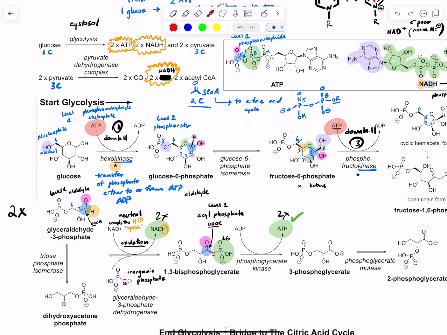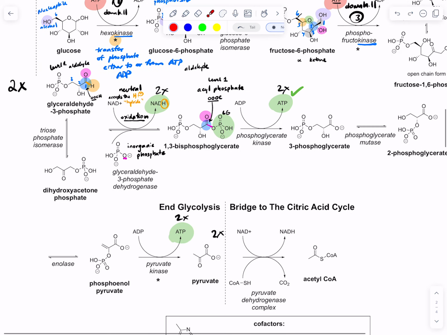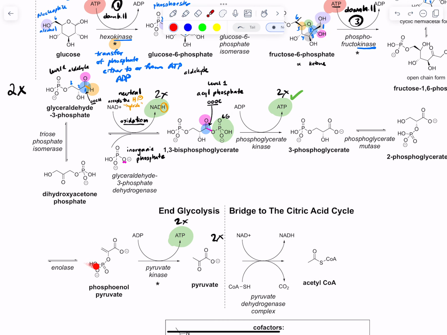And then it's repaid right here, because we have 2 molecules of glyceraldehyde 3-phosphate that go through this reaction twice to give us those ATPs back. And then you'll see if you follow along, at the very last step, we're going to get 2 more molecules of ATP, and therefore come out ahead.